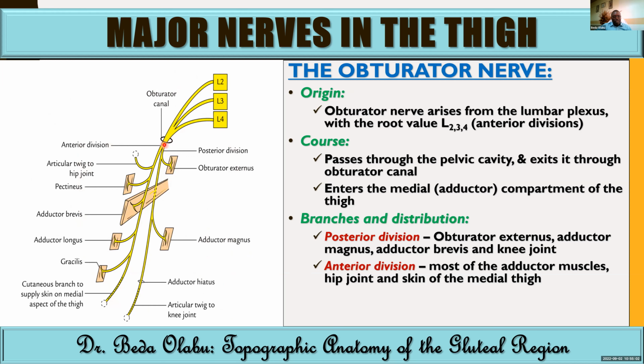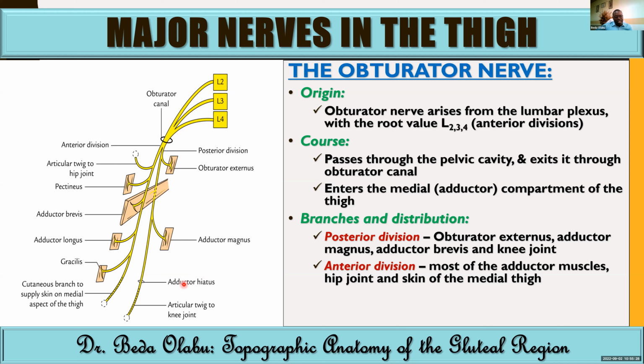So this image gives you a summary of its origin. The root value L2, 3, 4, that's a common nerve, and then the two divisions, the posterior division going to obturator externus, adductor magnus, and is the one that also goes to the adductor brevis having dual innervation.